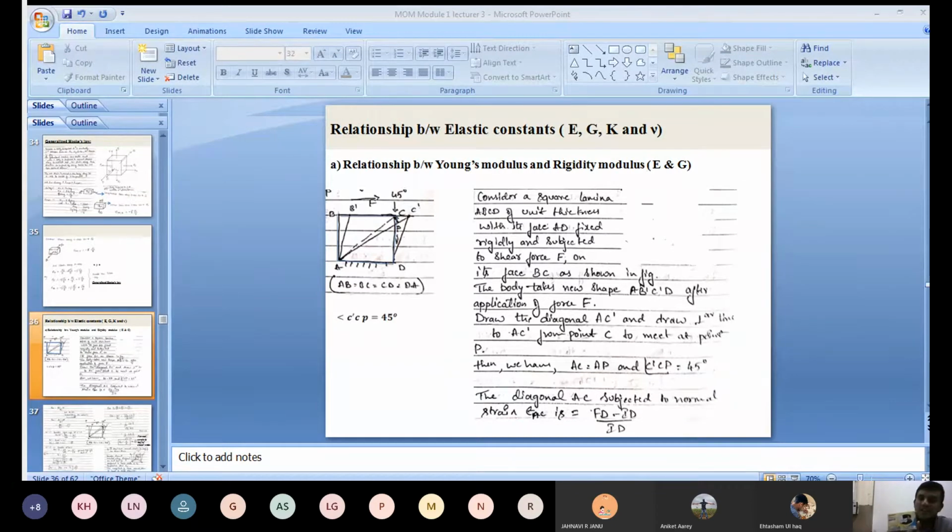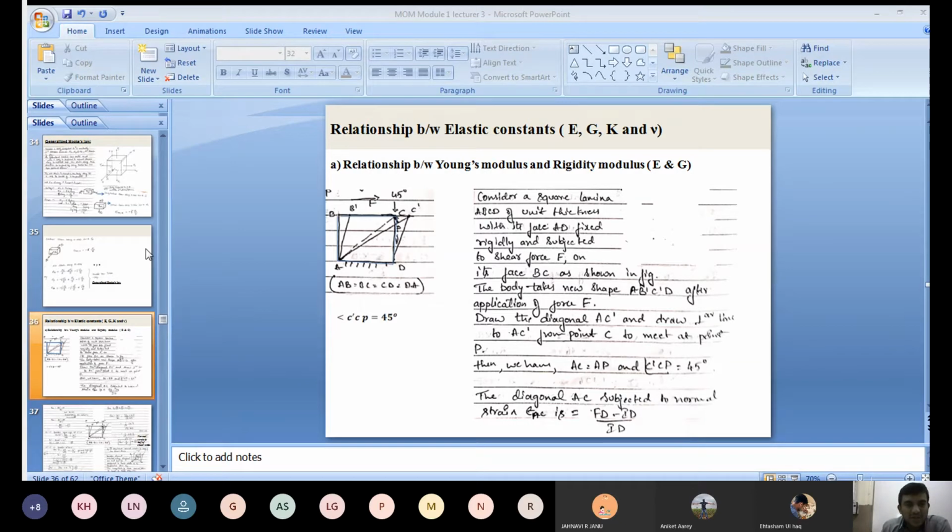All sides are equal, as you see in the sketch: AB is equal to BC, BC is equal to CD, CD is equal to AD. Consider a square lamina of equal sides, AB equal to BC equal to CD equal to DA.